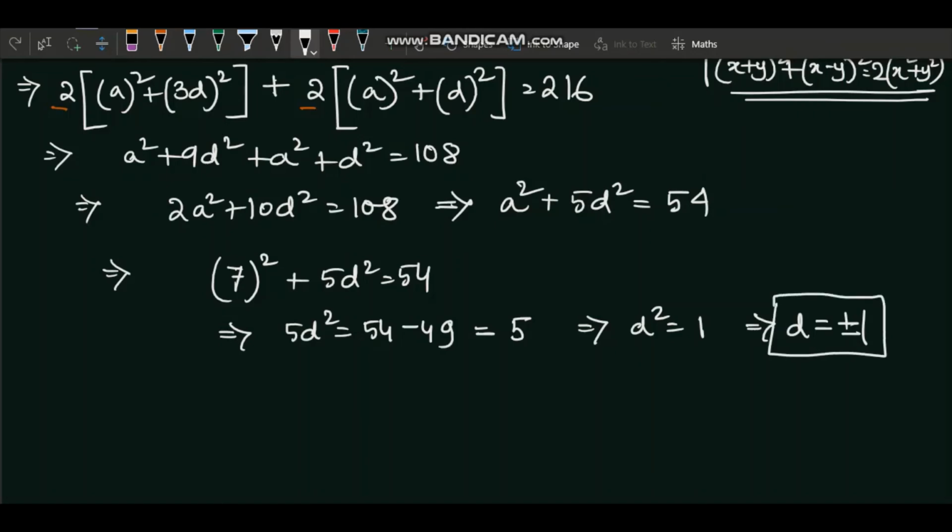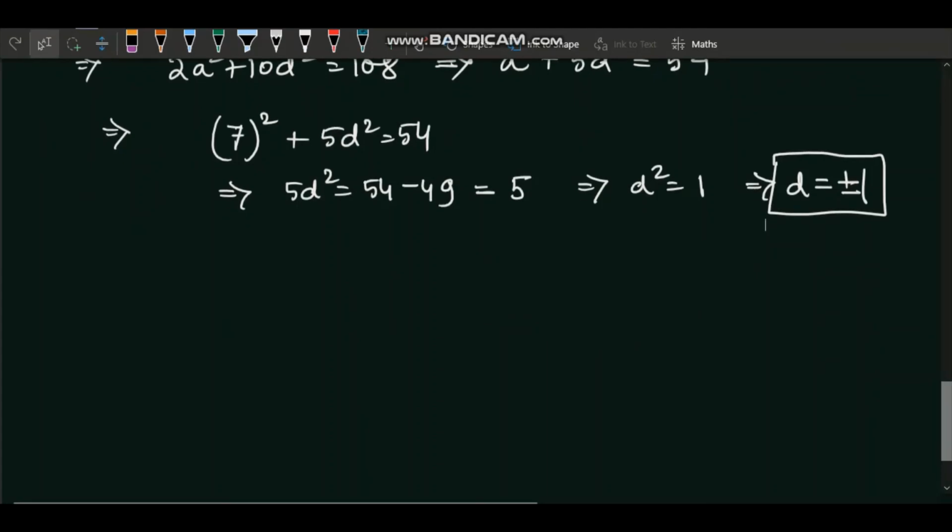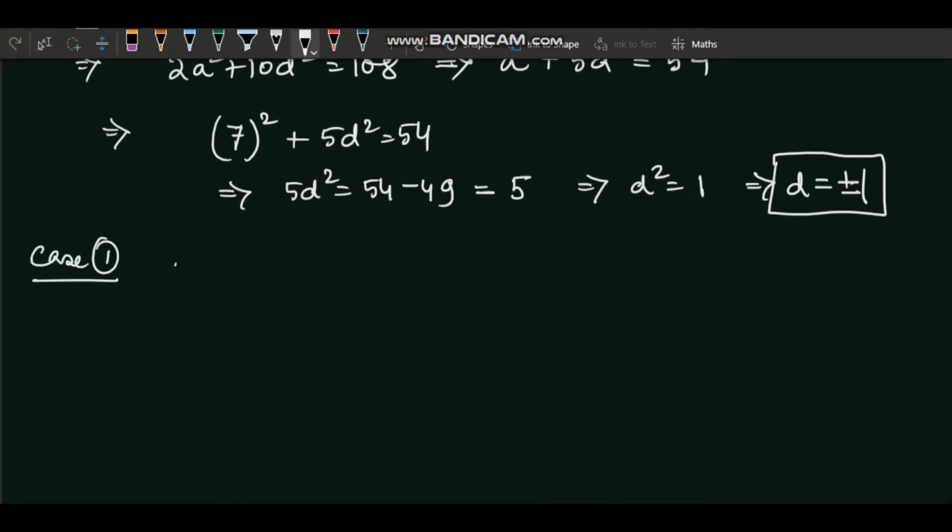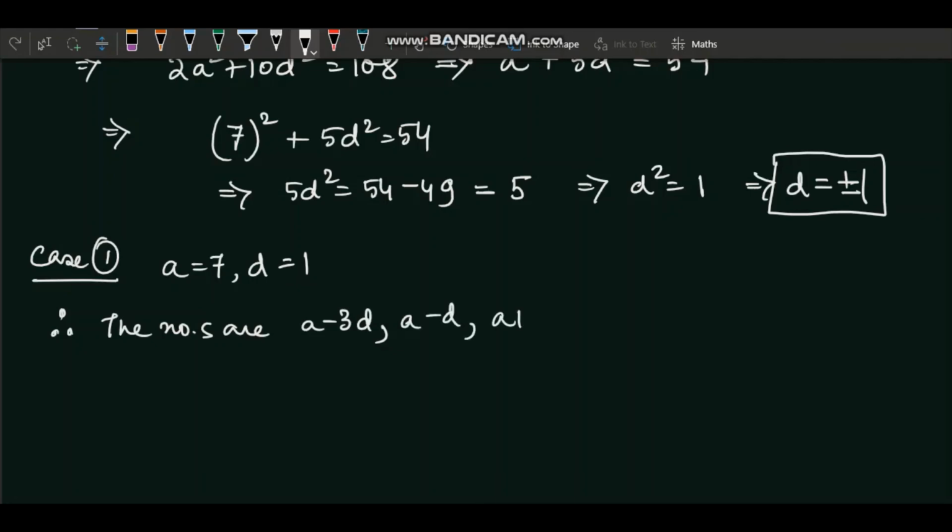So there will be 2 cases. Case 1, just like the previous one, would be a equal to 7 and d equal to 1. So the numbers are, if you remember what we had taken, a minus 3d, a minus d, a plus d and a plus 3d.